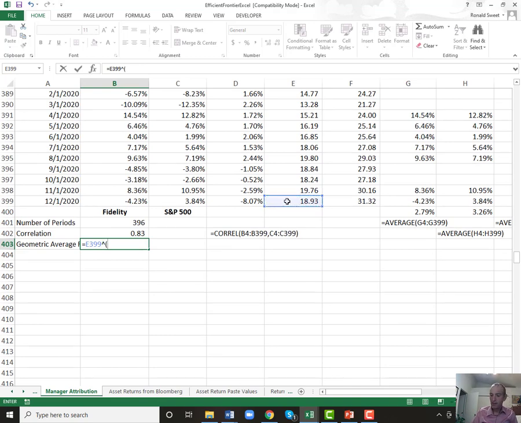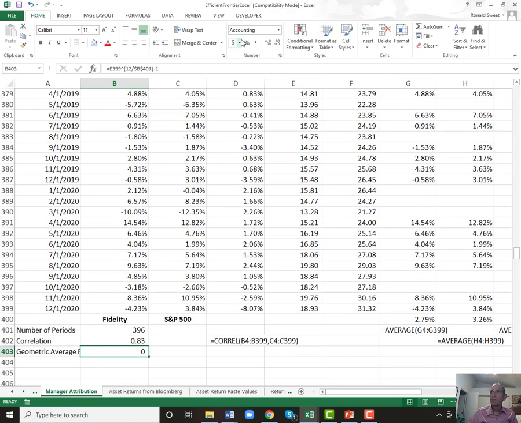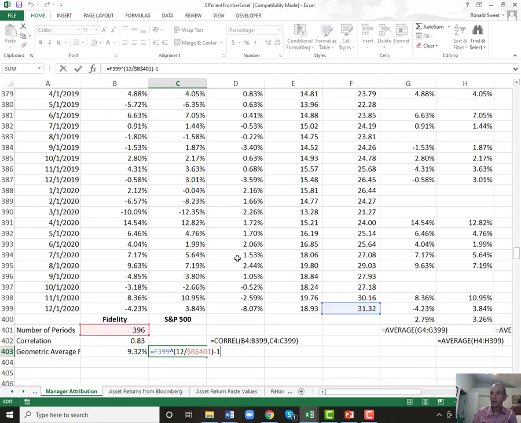There's 12 months in a year, so we'll raise it to the 12 divided by the number of periods. We'll lock in the number of periods there. Close parentheses minus 1. Change that to a percent. You can see that's 9.32. We can copy that over for the S&P 500. See the S&P 500, same thing, as long as you locked in the number of periods.